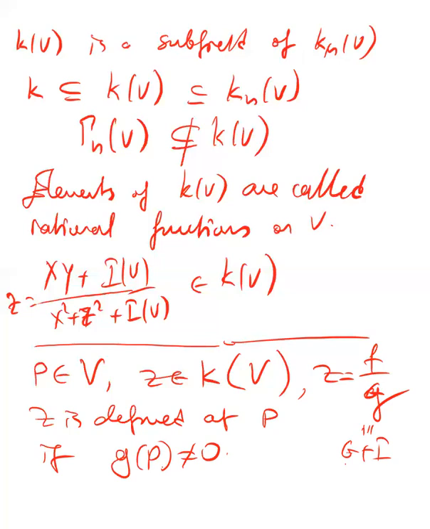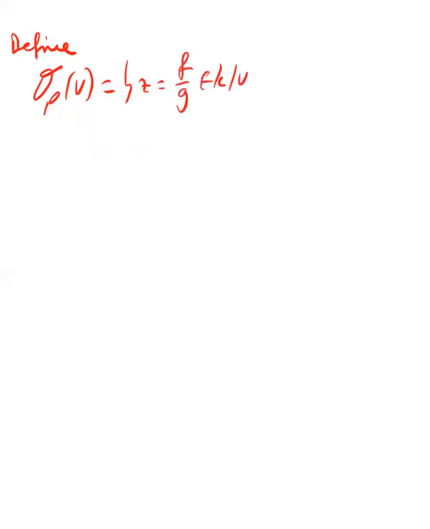Okay, so just like in the affine case, we define O_P(V) as the points z equal to f over g in K(V), such that z is defined at P. Namely, g of P is not 0.